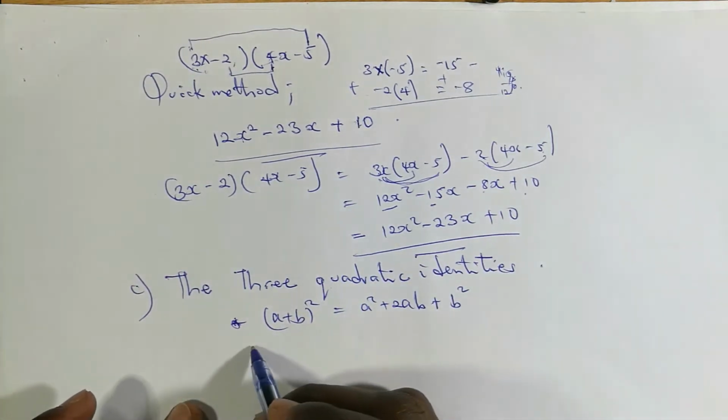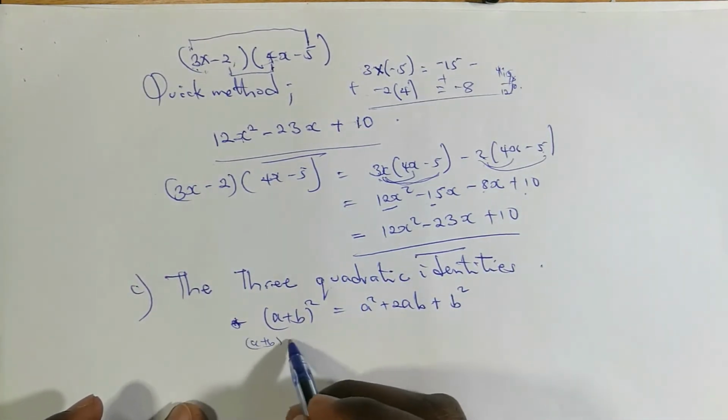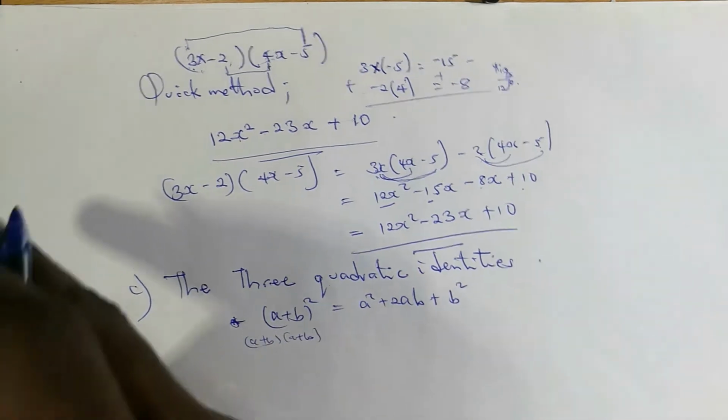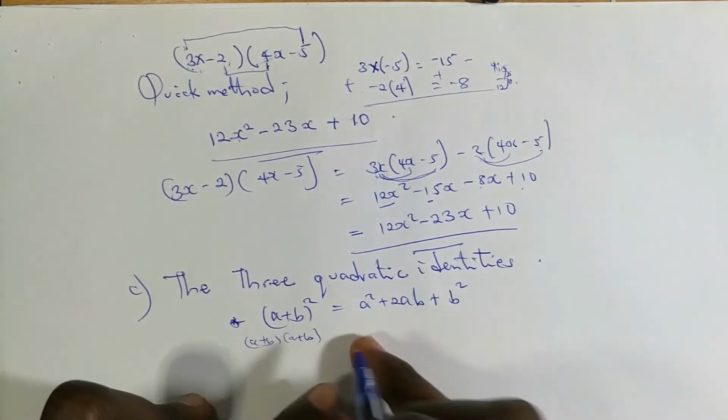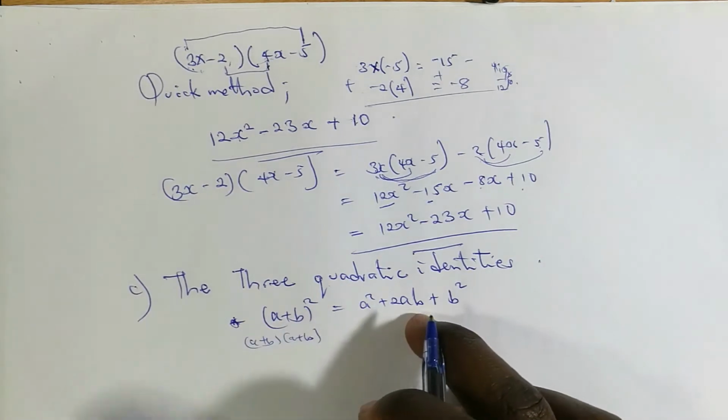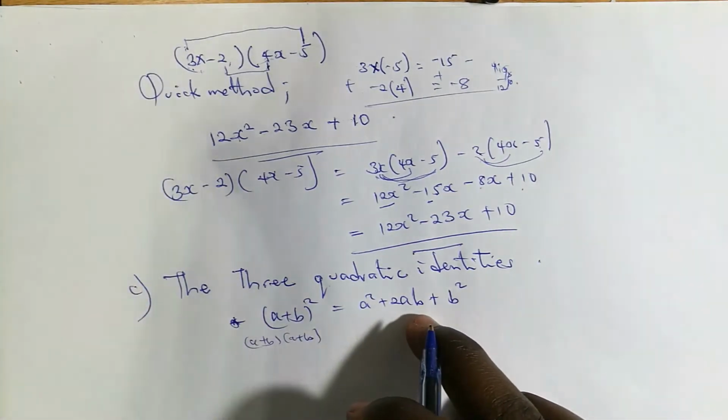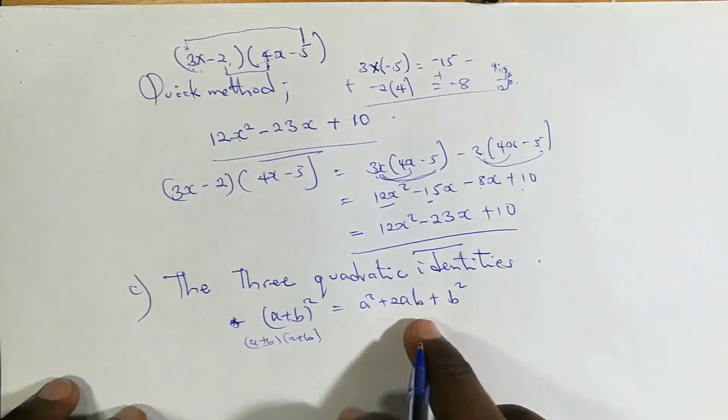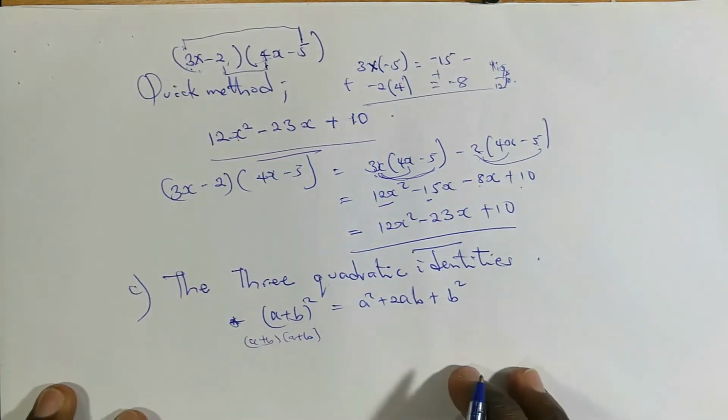I mean like this, (a + b) into (a + b), what we have learned before to get that. But we're going to show you how it comes about using the same thing of area of rectangles or area of squares.